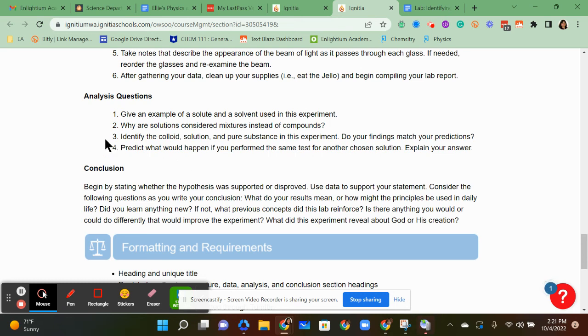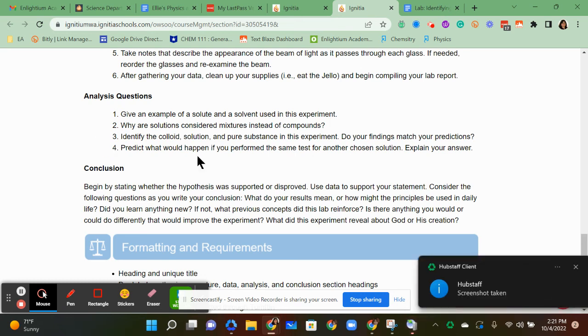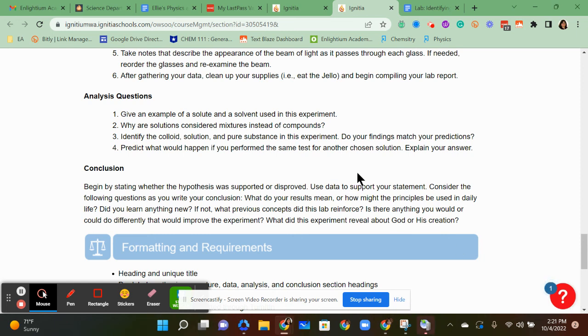Now, the analysis questions are relatively simple because they're just asking you to look at your data, the information that you have collected, and then to answer those questions. The most important part of this lab report is your conclusion. In your conclusion, you are going to defend or refute your hypothesis.